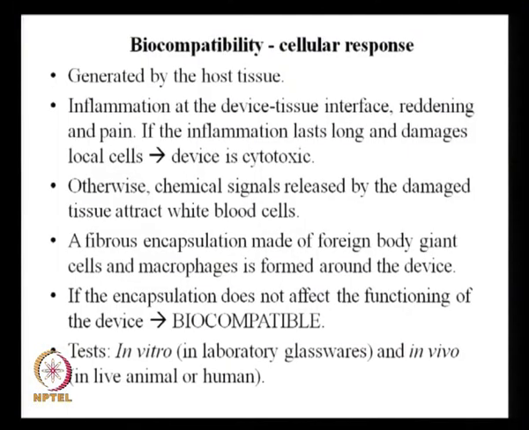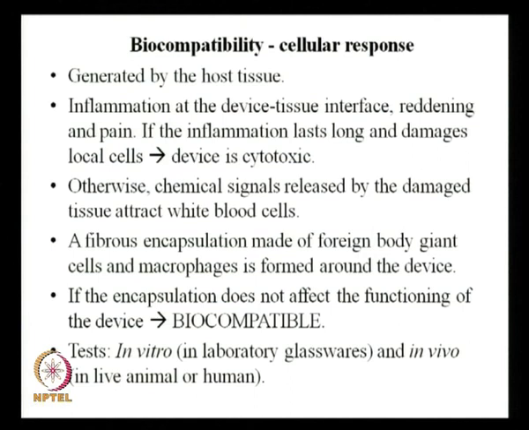Now, there are various tests done to check whether the material is biocompatible or not. There are 2 types of tests. One is called in vitro test. In vitro, you know the origin of this word. In vitro means in laboratory glassware, and in vivo means in a live animal or human.